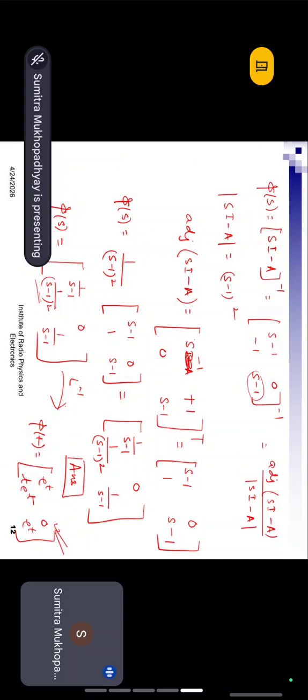So from the resolvent matrix also you can calculate phi(t), or using the formula. If you have the A matrix, the first way is to calculate phi(t) using the series I plus At. Or from the A matrix you can calculate the resolvent matrix, then take the Laplace inverse and get phi(t).